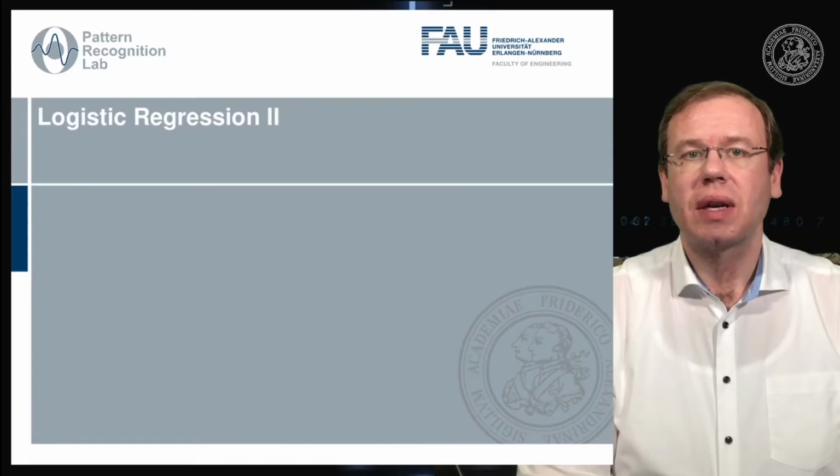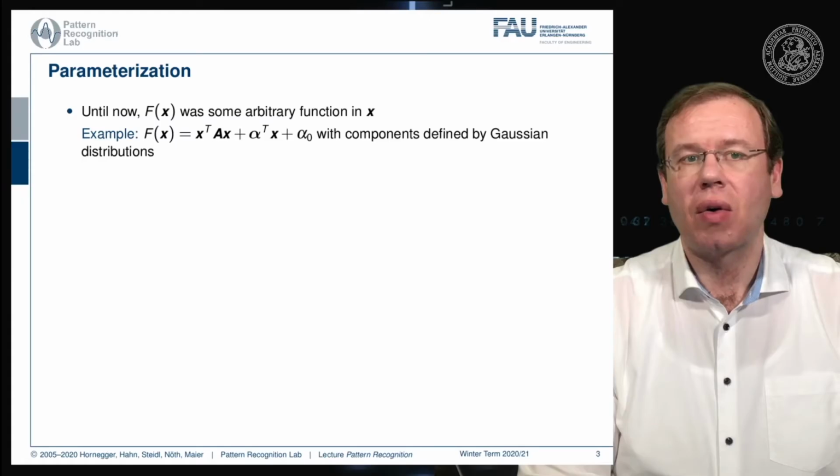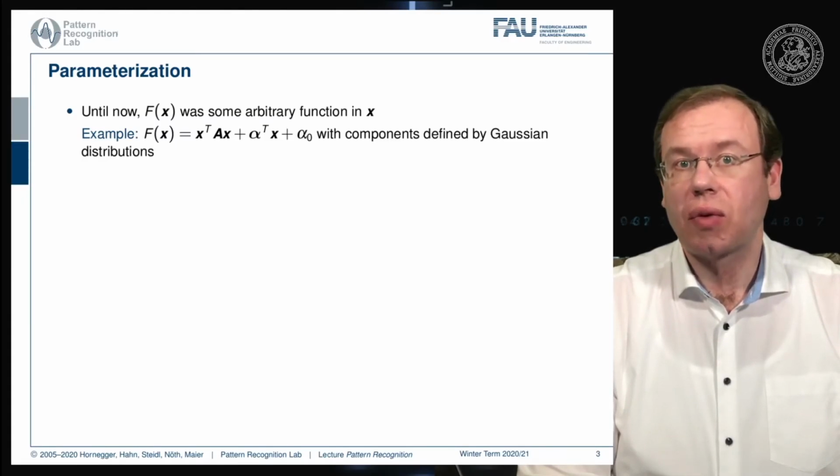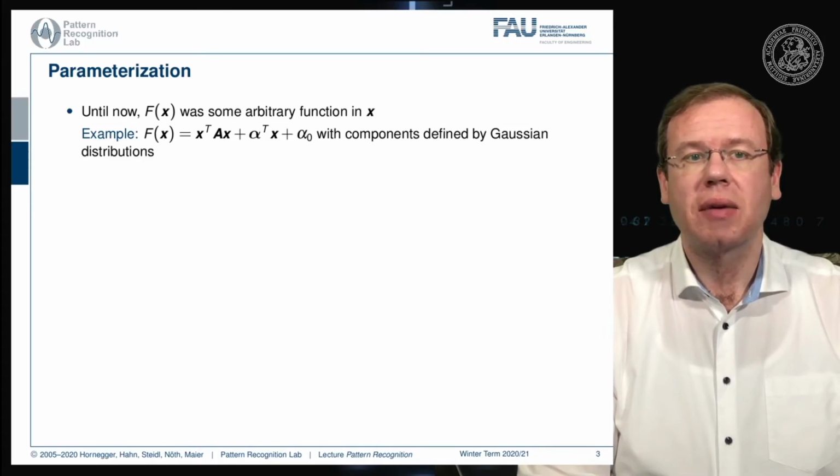So today we look more into logistic regression, and until now we have seen that our f of x was some arbitrary function, and we've seen, for example, that it could be formulated as a quadratic function, as we've seen with the Gaussian distributions.